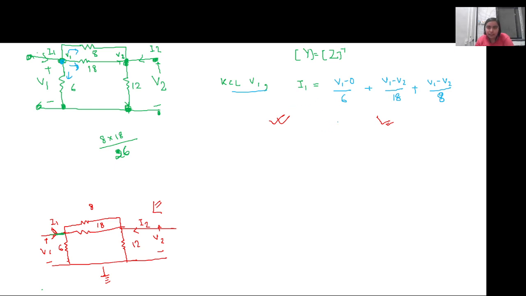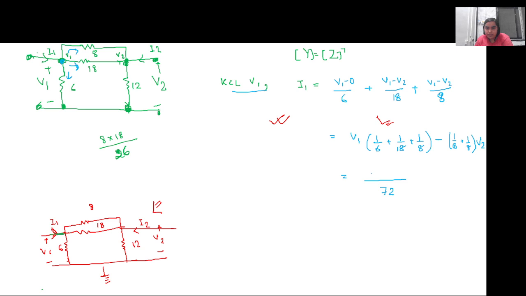So I can write I1 in terms of V1 and V2. I1 will be equal to 1 by 6 plus 1 by 18 plus 1 by 8 times V1, minus 1 by 18 plus 1 by 8 times V2. I did not remove this parallel connection because we would have to calculate in fractions, so the best option is to calculate all the fractions at the end. If I take an LCM, the LCM will be 72.